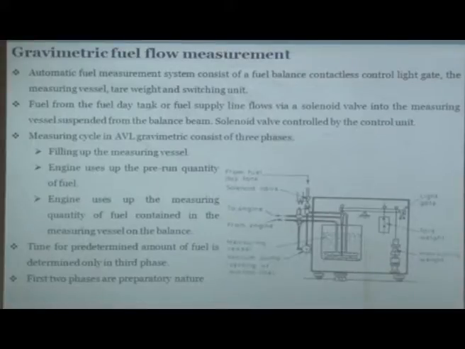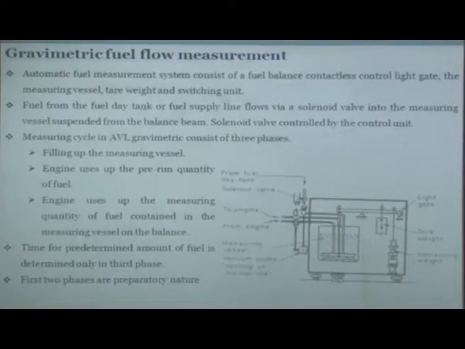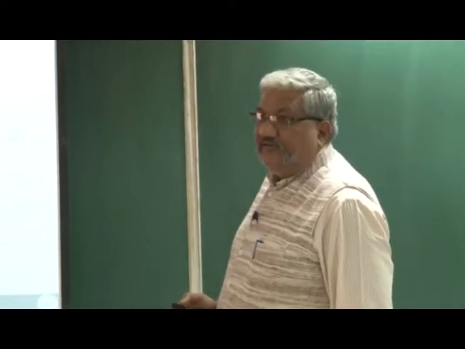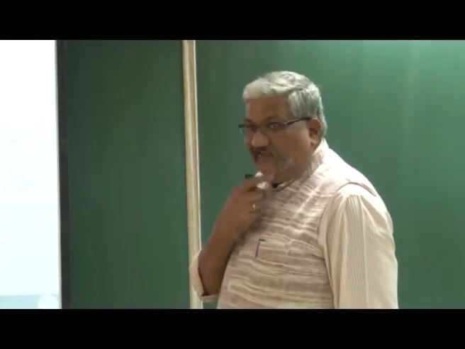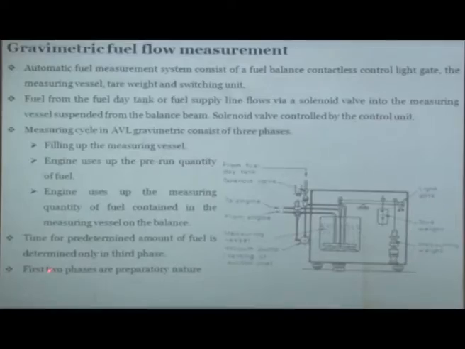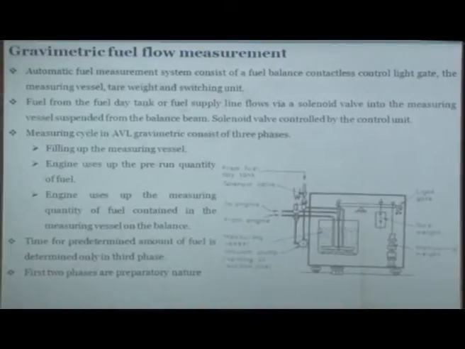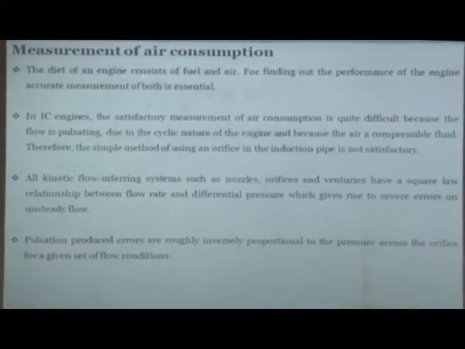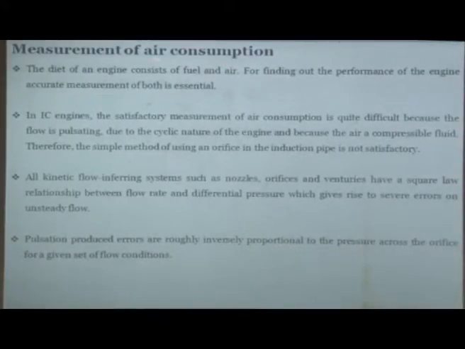In 20 seconds or 50 seconds it can measure the change in weight. It then does the calculations and finally displays the fuel consumption in kilograms per hour, kilograms per minute, or grams per minute at that particular load and speed condition. Does it make sense? The time for a predetermined amount of fuel is determined only in the third phase. The first two phases are preparatory in nature. So this is the gravimetric fuel consumption.